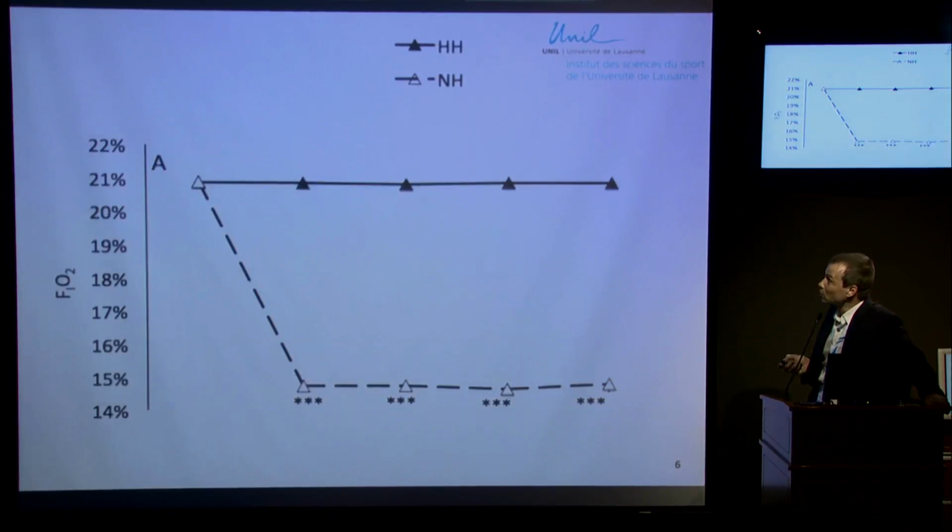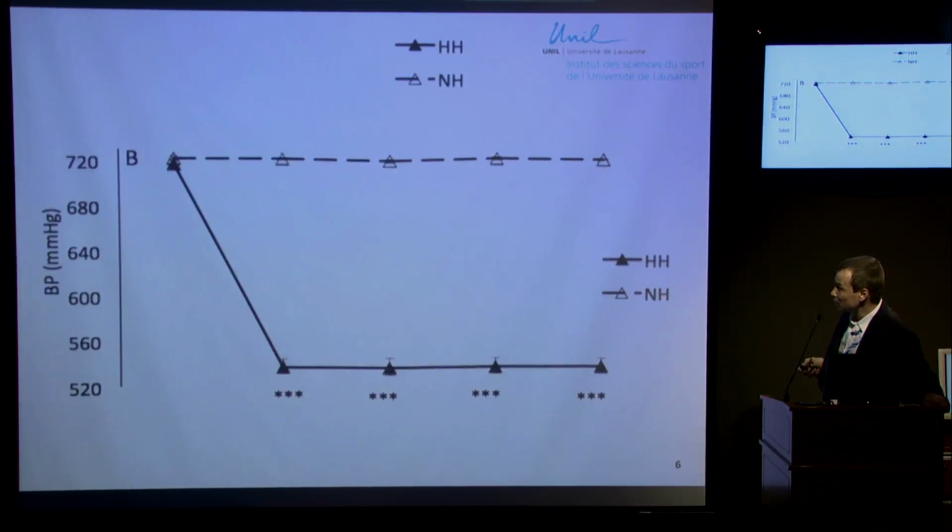But you also know that in terms of the fraction of oxygen, if you are in a hypoxic chamber, you will reduce your fraction of oxygen, not if you are on the real mountain. And the opposite, when you take the lift to go to the top of the ski resort, you reduce your barometric pressure, and that does not happen in the chamber.